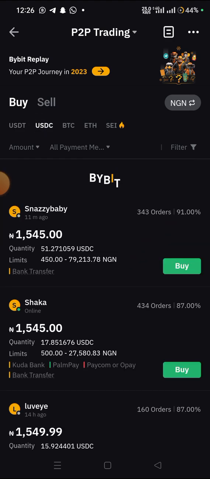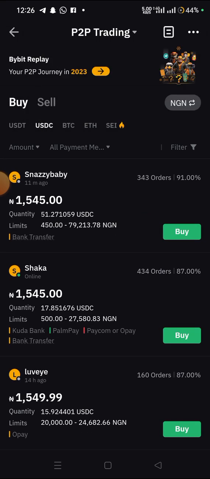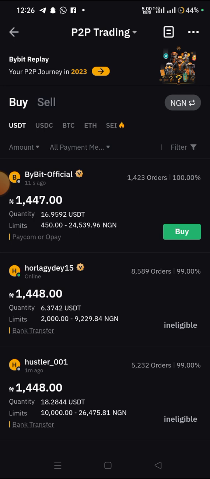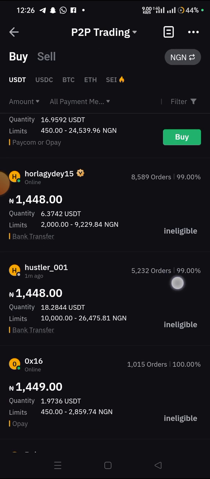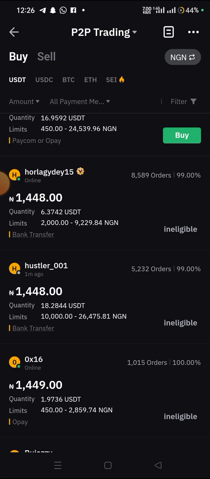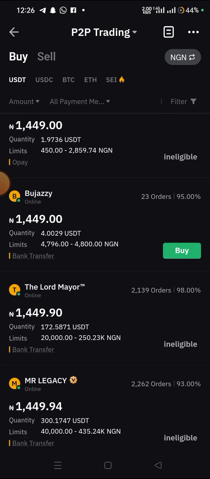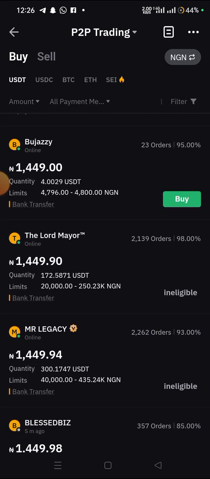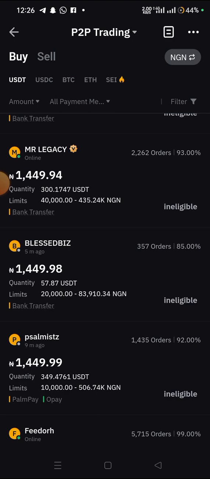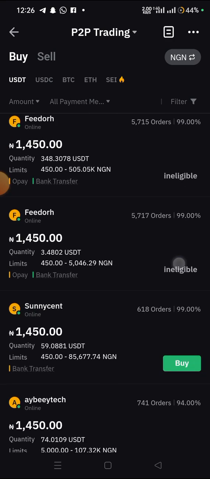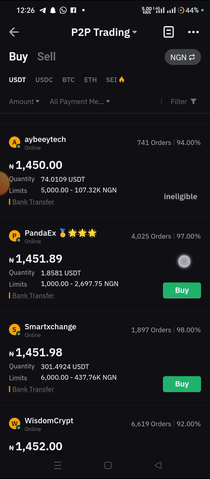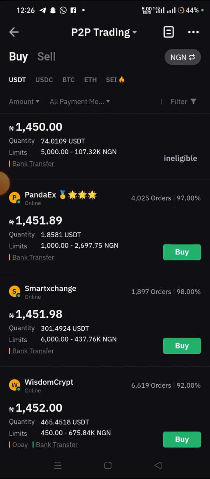You can see USDC here, while this is USDT. Let's say we want to buy directly from these people who are selling right now.